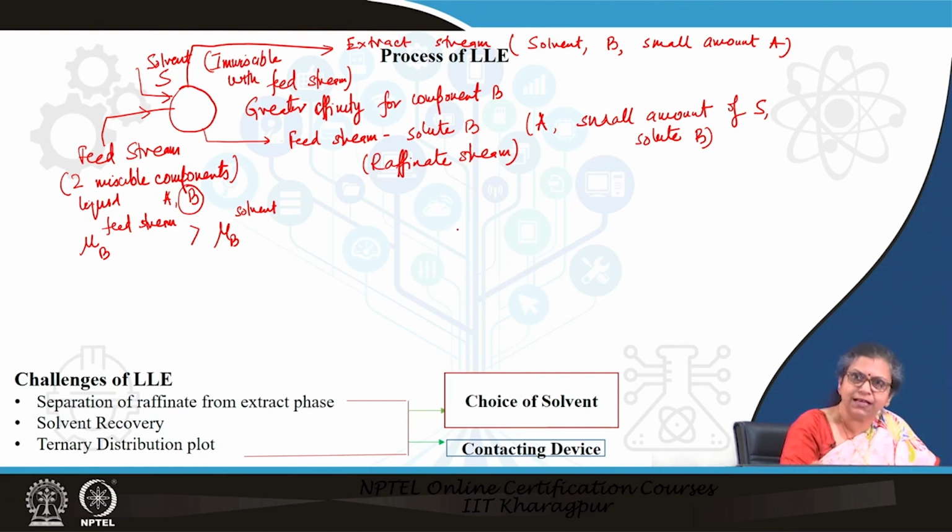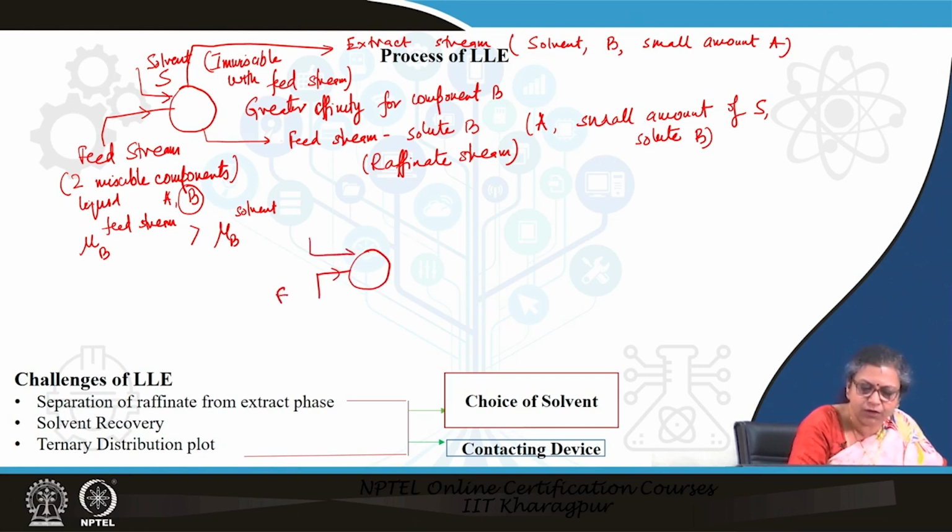So, just like for all separation processes where we add a mass separating agent, you have already done two such separation processes, absorption and adsorption, and in both of them you have seen that solvent regeneration, recovery, and recovery of the solute is very important.